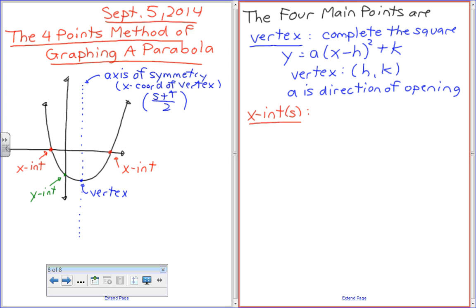Okay, so back to this here. How do we get our x-intercepts? Yeah, find the roots. This is also called roots and solutions.